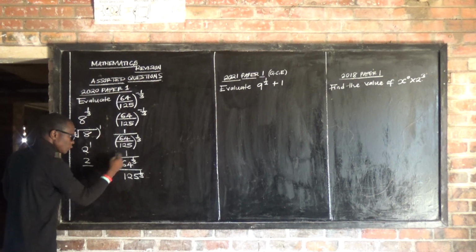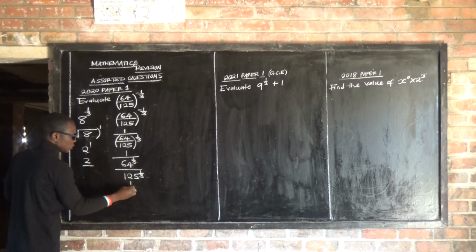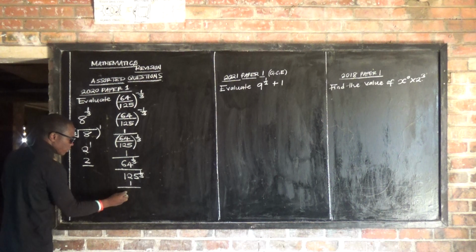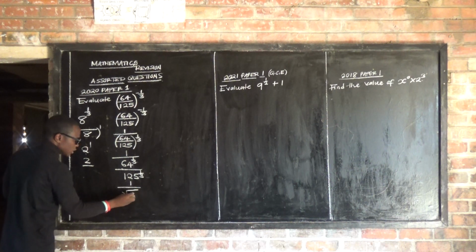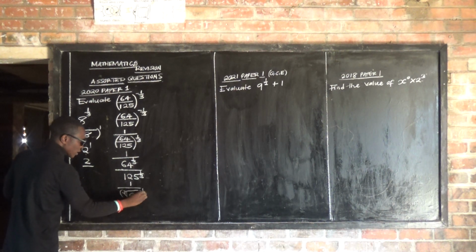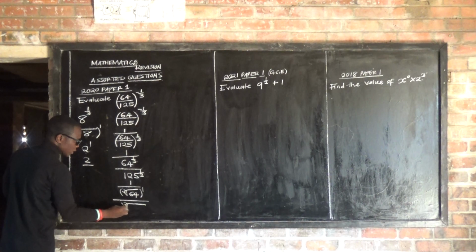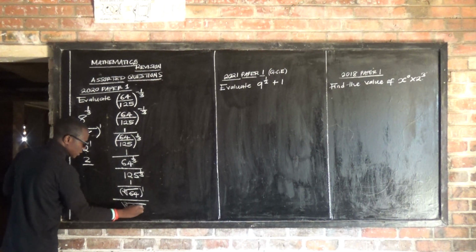This one can be written as 1 over the cube root of 64 raised to the power 1, over the cube root of 125 raised to the power 1.